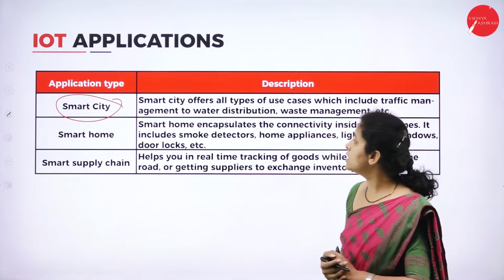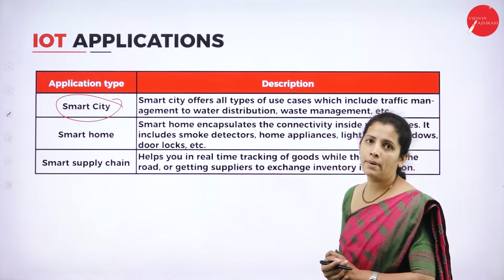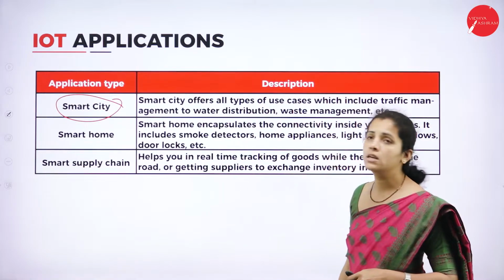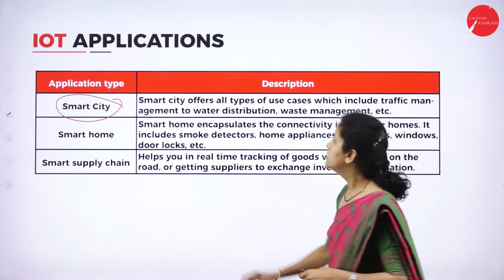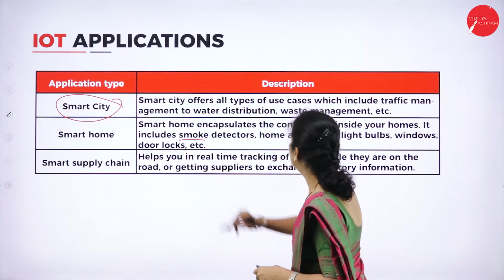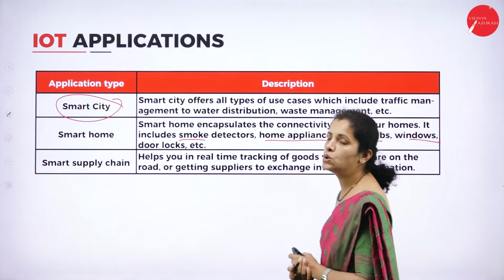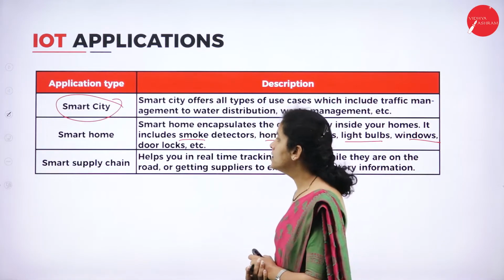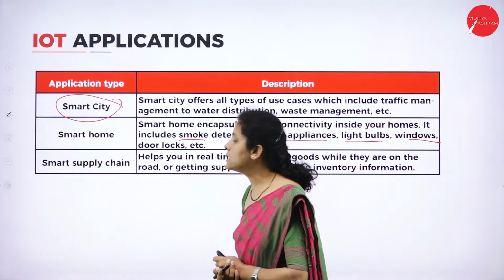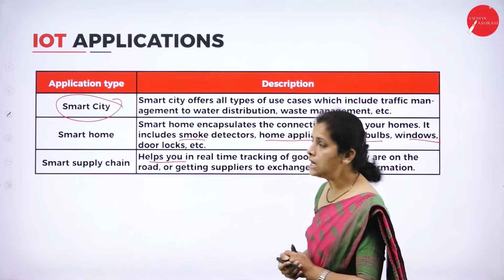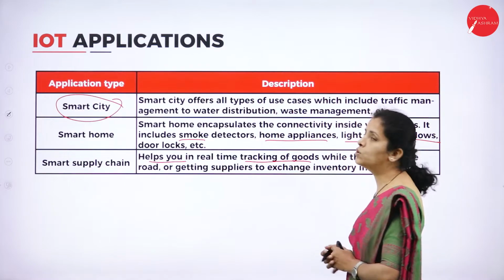If I want to control all the electronic appliances in our home, then I can use IoT. It detects smoke, home appliances, light bulbs, windows, door locks, etc. Then smart supply chain helps you in real-time tracking of goods.